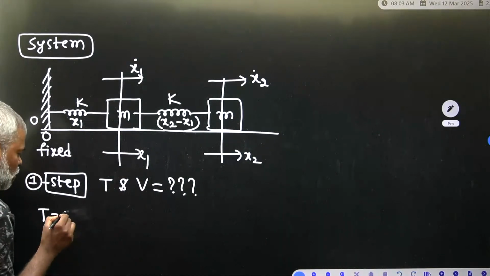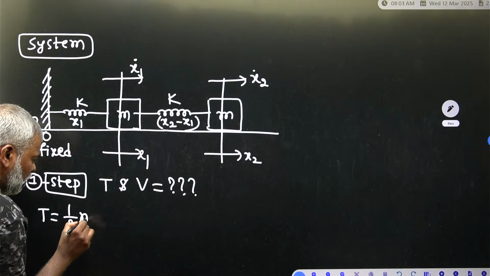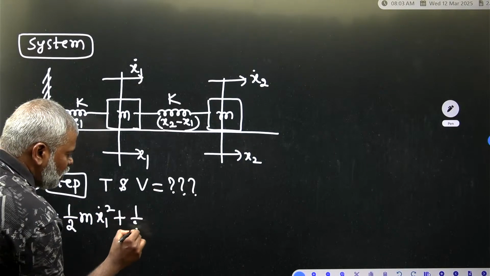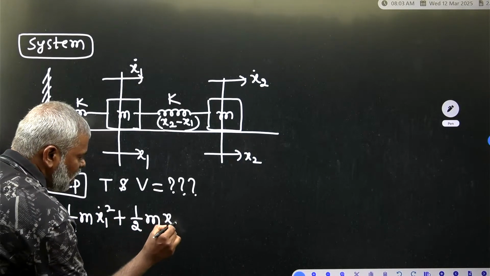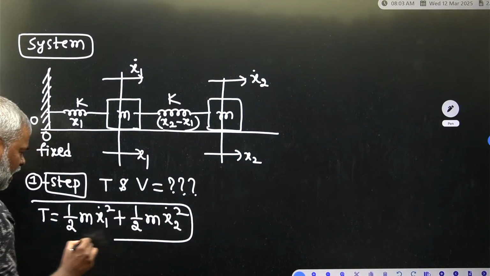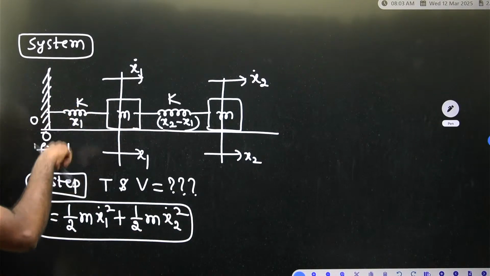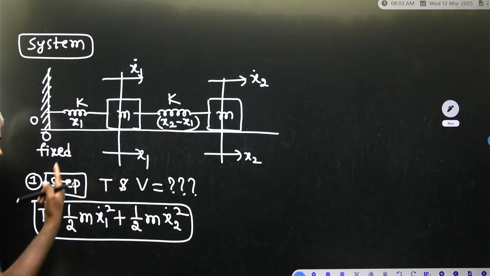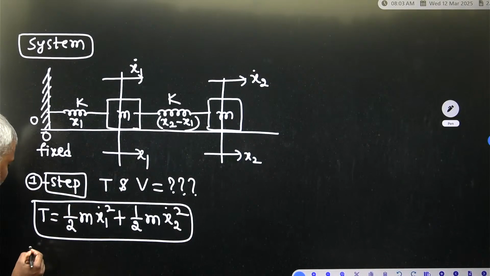T equals, for the first particle, 1 by 2 m x1 dot square, plus for the second particle, 1 by 2 m x2 dot square. This is the kinetic energy of the system: the first particle's kinetic energy plus the second particle's kinetic energy.